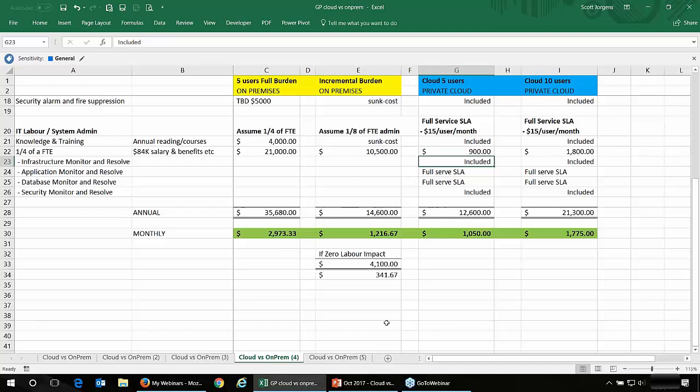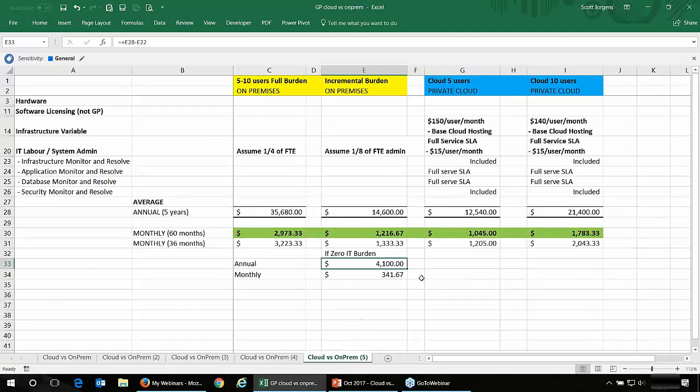So pulling these pieces together, we're looking at, for 5 users, you're about $1,000 a month. 10 users, you're about $1,700, and we compare that to the incremental costs of on-premise. We are cheaper moving to the cloud, but if we're looking at just the hardware and not the IT labor, not the infrastructure, then cloud is appearing to be more expensive. We spread this over a 36-month versus a 60 months.